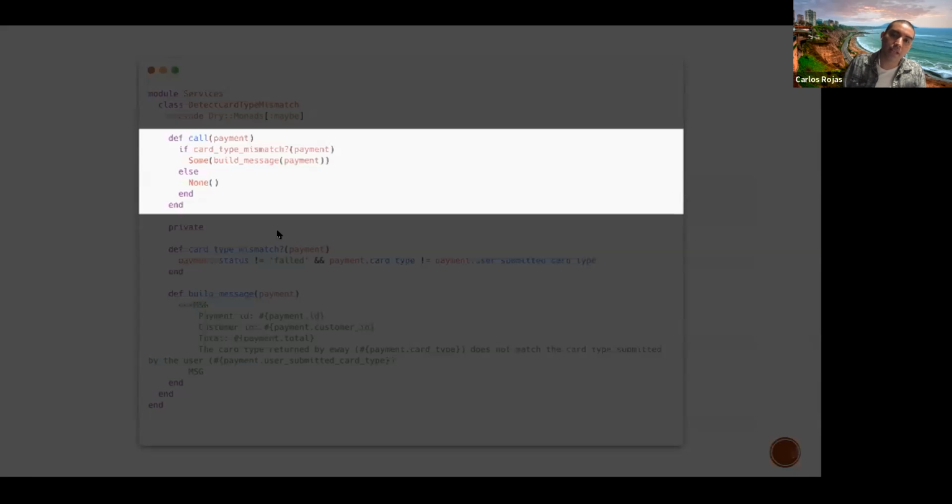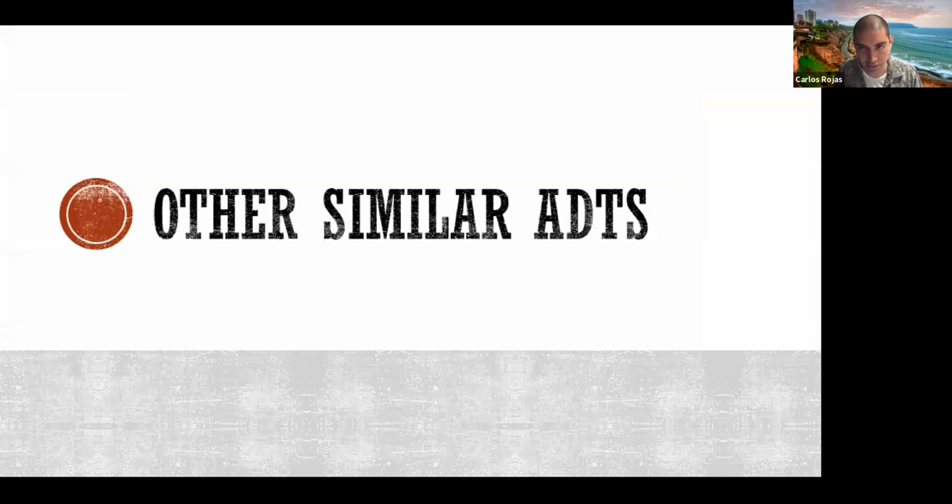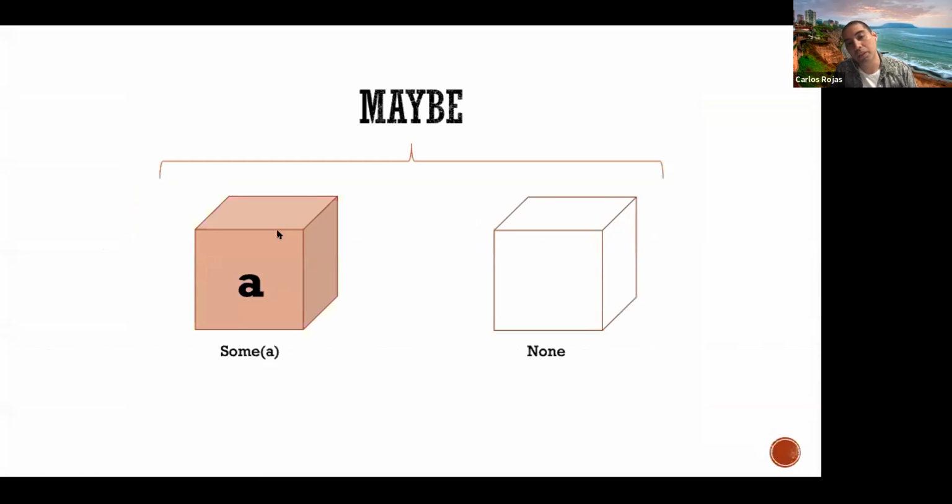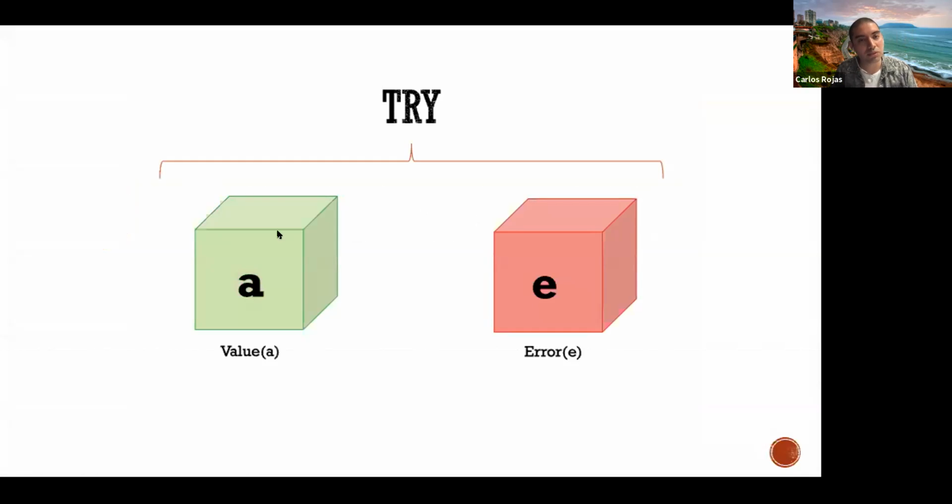We have been talking today about the Maybe data structure, the Maybe box, but there are some other similar data structures like this. This is the one that we talked about some minutes ago, and there are some other boxes that look quite the same. We have this Try structure that converts a piece of code that might raise an exception into boxes.